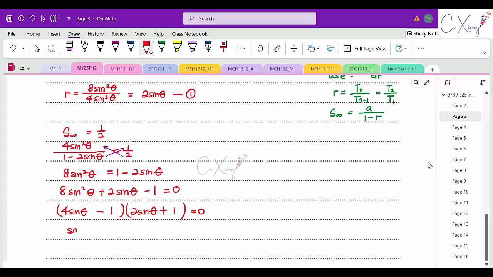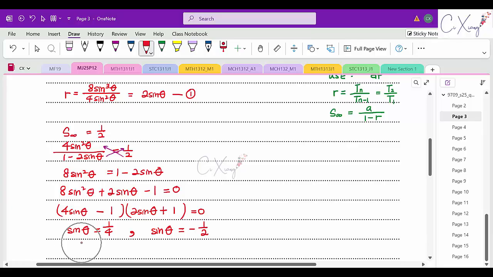From here, continue to solve the equation. I'm having sine theta equals to 1 over 4. Then I'm having sine theta equals to negative half. Okay, then to continue, right? Basically, I only accept the answer for this equation, but I ignore the answer for this part.